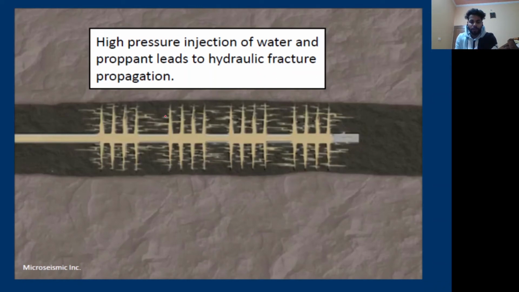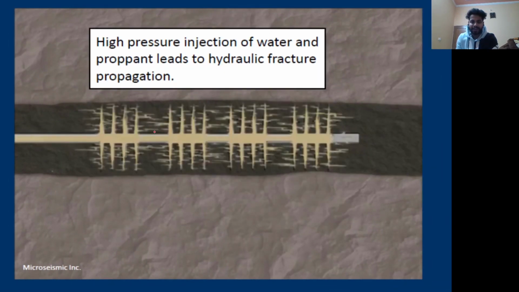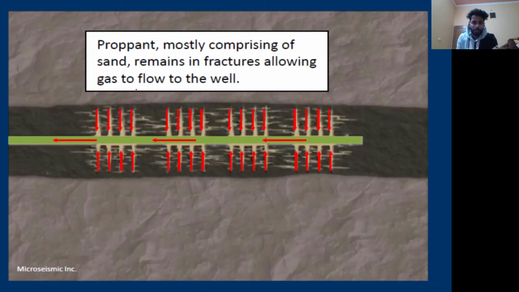Now, once such small fractures are created, I will inject high pressure water. I'll inject my water and propellant under high pressure into these small fractures, and under the effect of such high pressure, these small fractures which were earlier there will extend, and the hydraulic fracture propagation will take place, as you can see here.